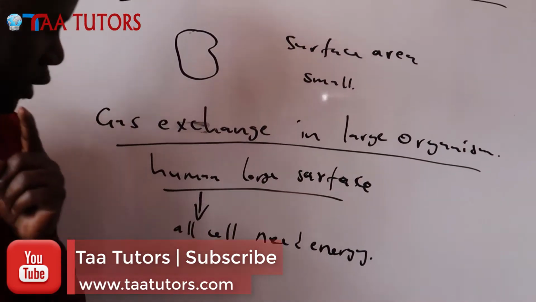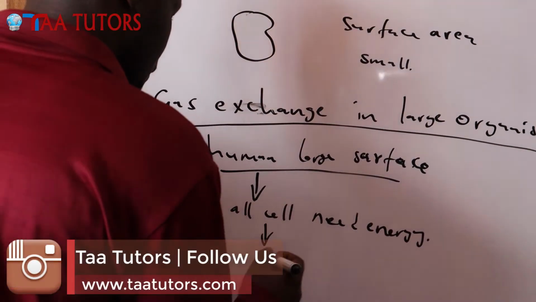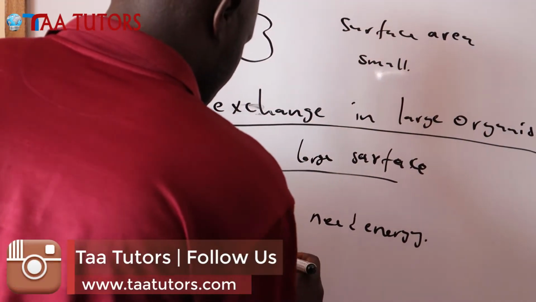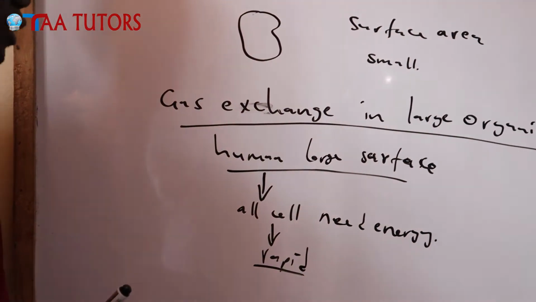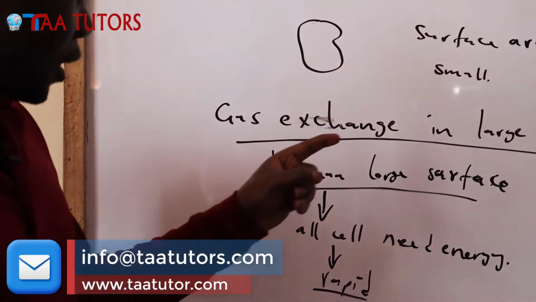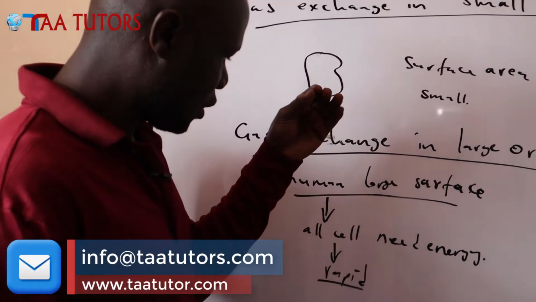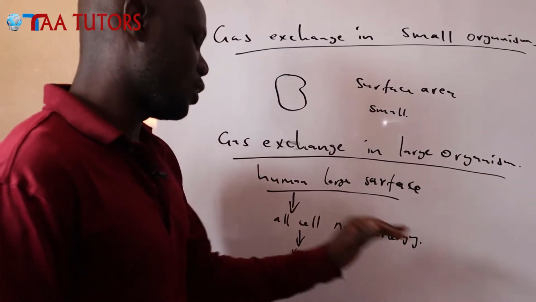Now, these particular cells, I also want you to note that these cells need energy very quickly or rapidly. So the need is very rapid. That is also very important for us. Now, for this energy to be produced, we need some materials like oxygen and nutrients.